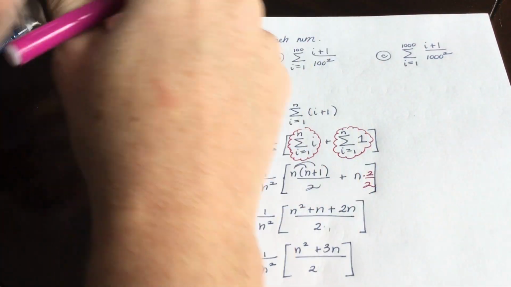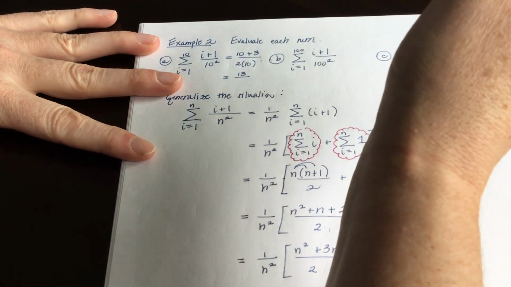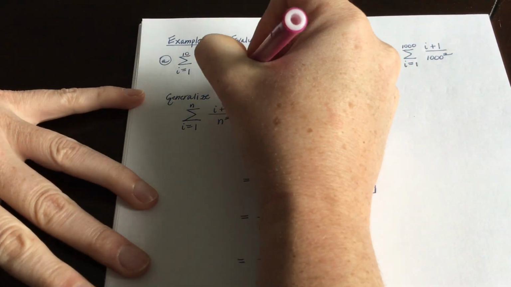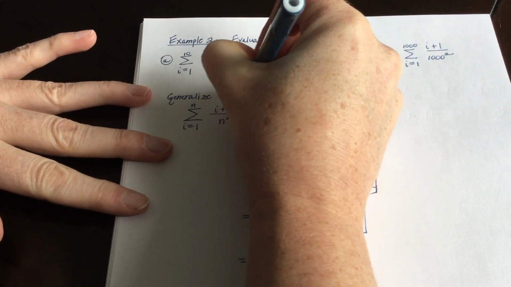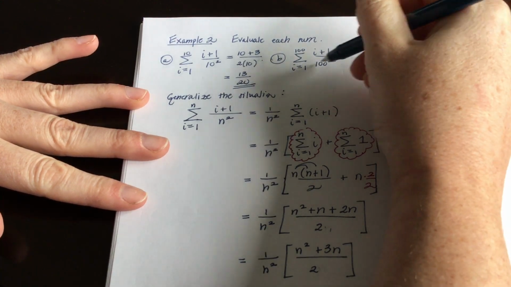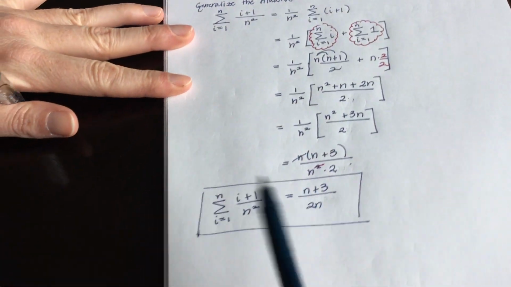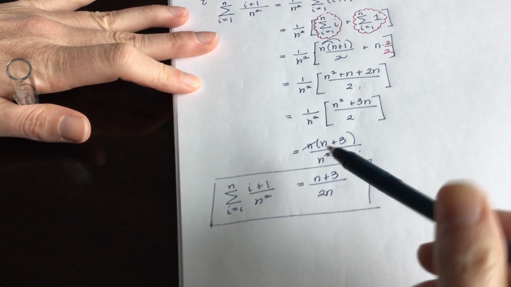So then up here, you wouldn't have that square there. Okay, there we go. So you'd have 13 over 20. There we go, that's what I was expecting. 13 over 20, okay. And then i plus 1, so this one right here, it's this exact situation, you just have a 100, so you'd have 100 plus 3 over 2 times 100. There we go.